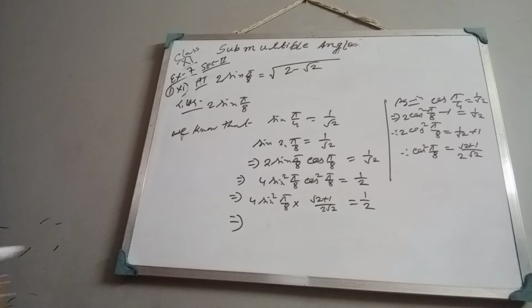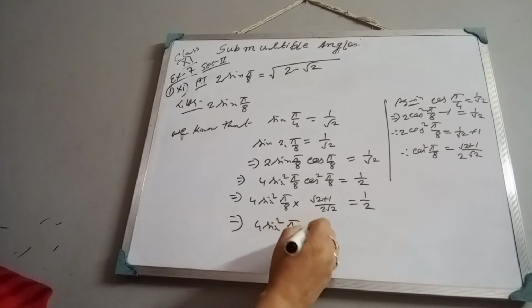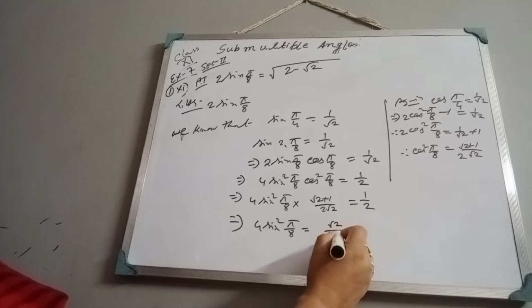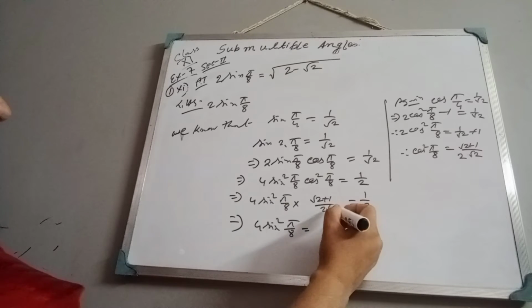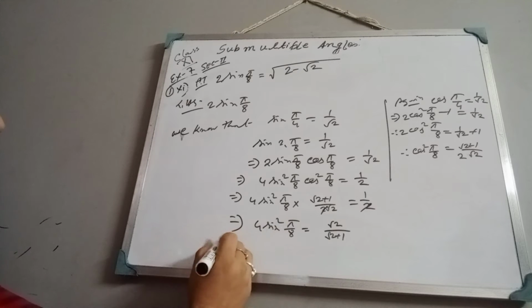So it is coming 4 sine square pi by 8 is equal to root 2 by root 2 plus 1. Root 2 by root 2 plus 1, because these two we can cancel. So 4 sine square pi by 8 is this.